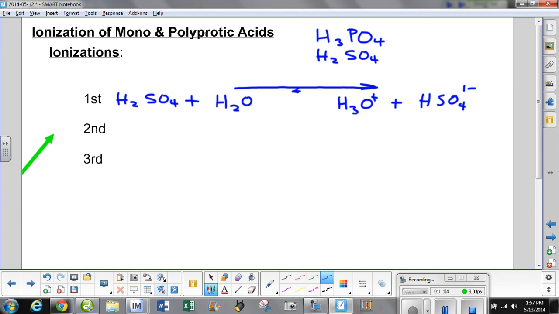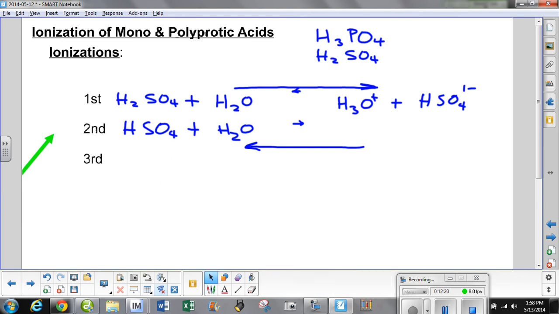Okay? So, now we take the HSO4. See, we're just peeling away hydrogens. Plus water. And this guy really doesn't want to go to the right. He really wants to go to the left. Okay, so he doesn't ionize very much. And the ionization, you already finished?